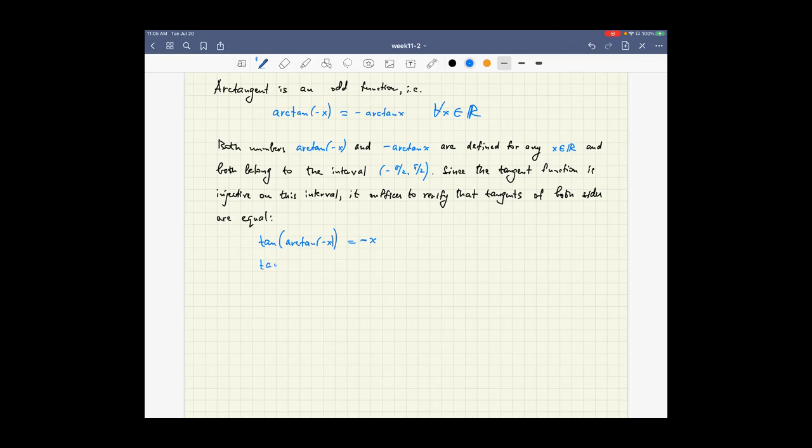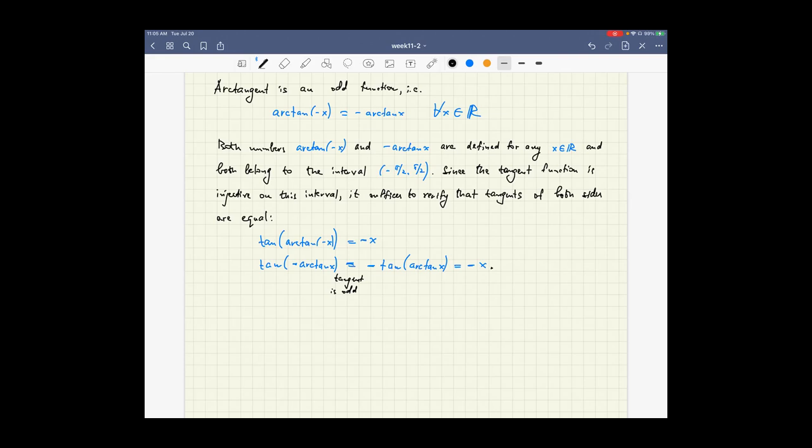And tangent of negative arctangent x, by the fact that tangent is an odd function, simply is negative tangent arctangent x, and that is again negative x. So this verifies that arctangent is an odd function.